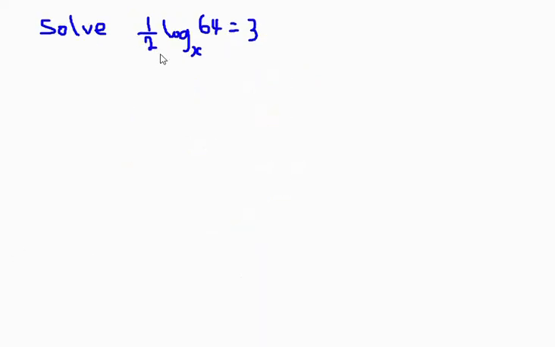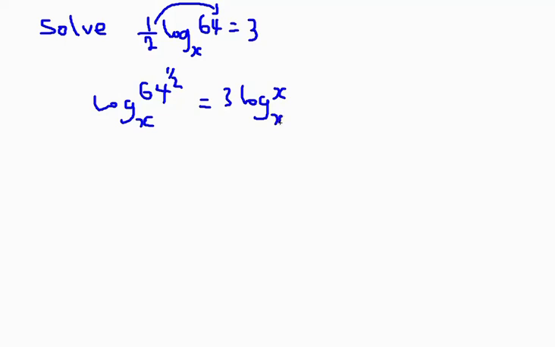Now the next one here is this: solve 1 over 2 log 64 base x equals 3. The same thing applies here, but before I transform 3 to log form, I need to bring 1 over 2 here to become the exponent of 64, going by the power rule. So 64 here becomes 64 to the power of 1 over 2 base x equals 3 log, so I'm using x here since the base I'm given here is x, so log x base x.